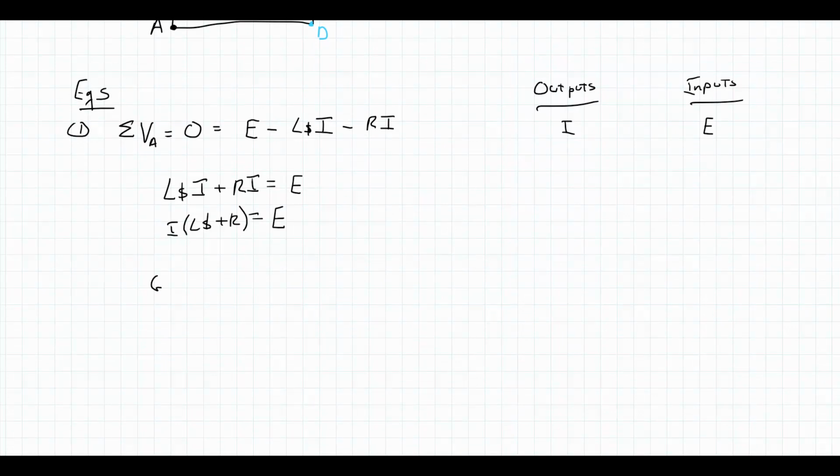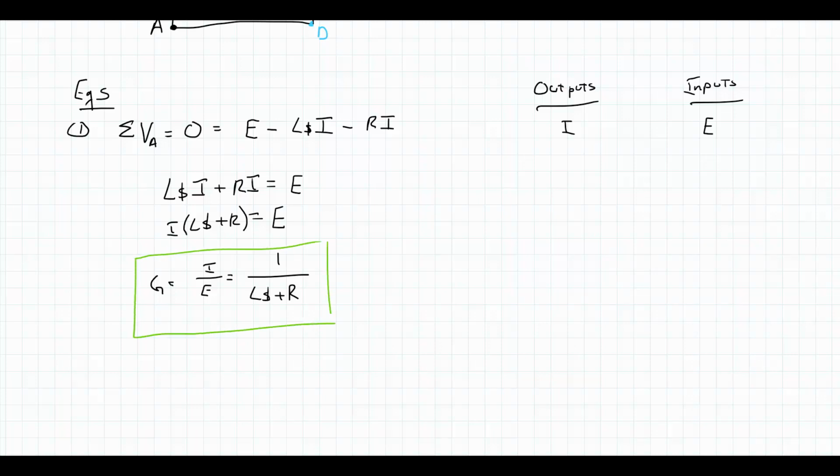I want my G to be I over E. So I divide both sides by E, and I divide both sides by LS plus R, and I get my transfer function. Pretty straightforward in this simple example here. I just get 1 over LS plus R.